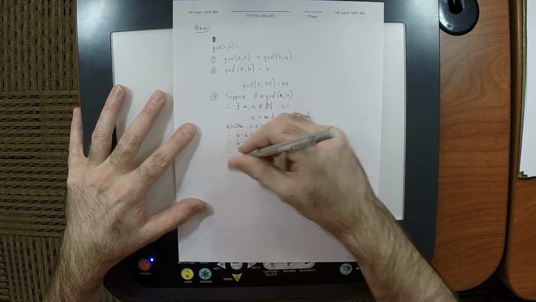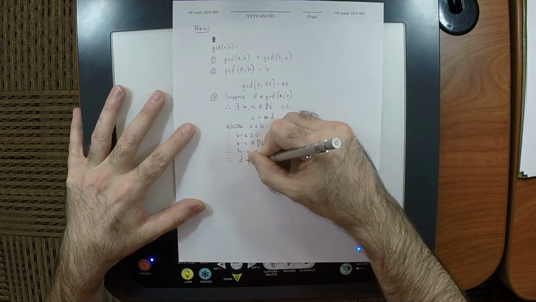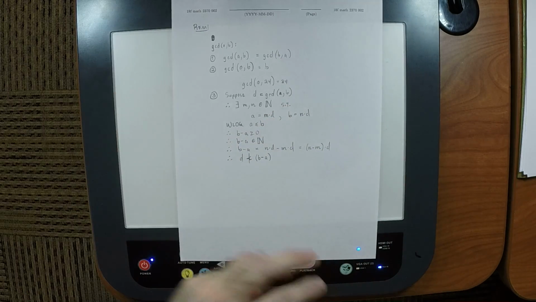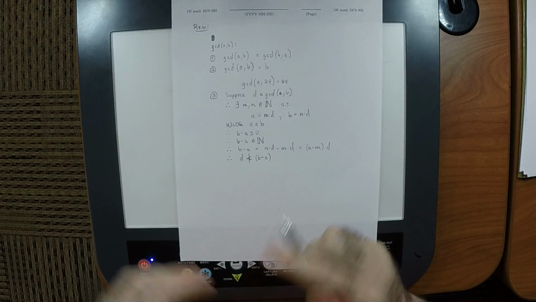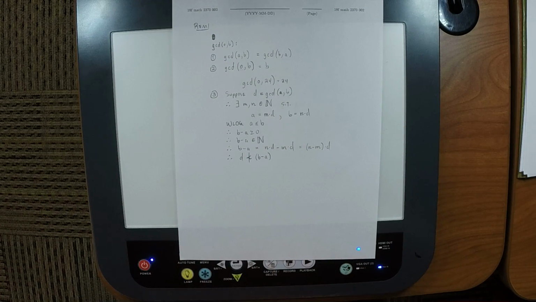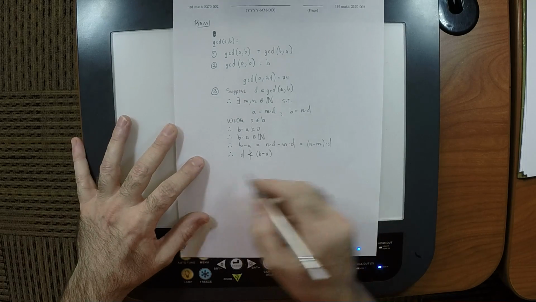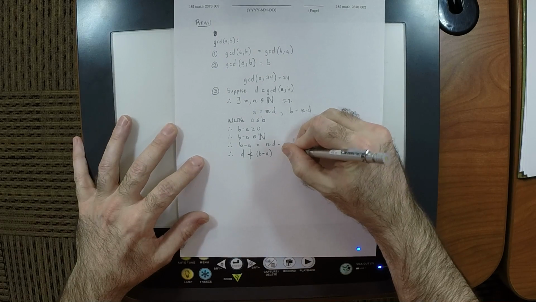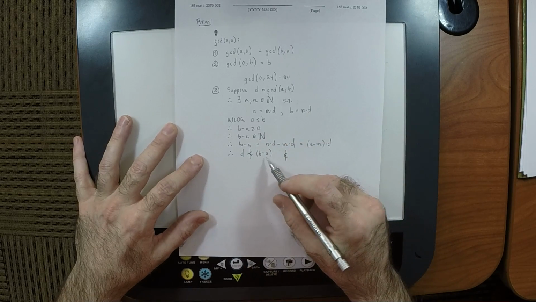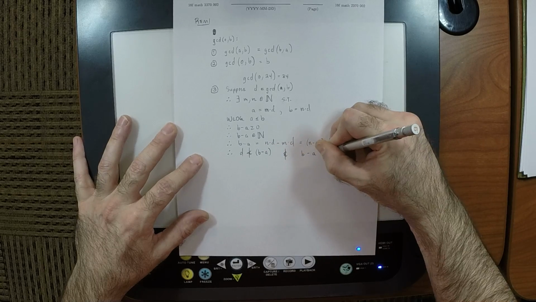So we can say that D is a divisor of B minus A. So we found yet another number. So D is a divisor of A, and it is a divisor of B, and furthermore, it's a divisor of their difference. But, so that's that, and notice, okay, concerning this, is this true?